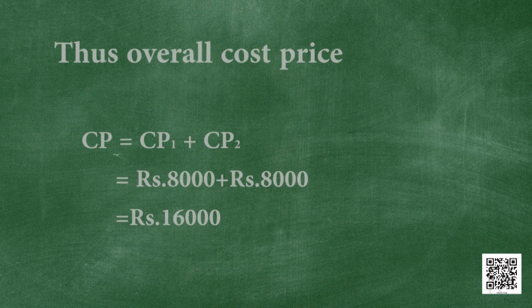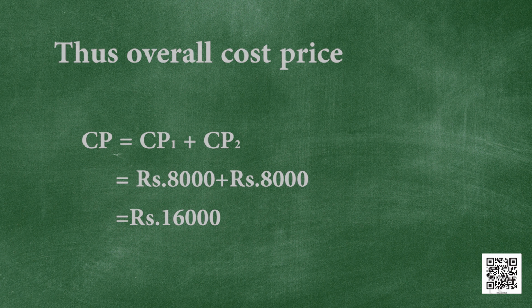So, now let us try to find the overall cost price and overall sale price. Overall cost price is given by CP is equal to CP1 plus CP2, which is equal to rupees 8,000 plus rupees 8,000. So, on summing these two, we get it as rupees 16,000.